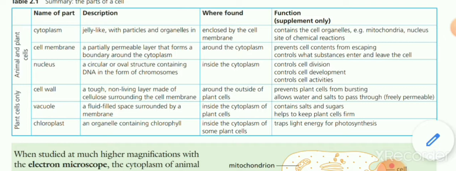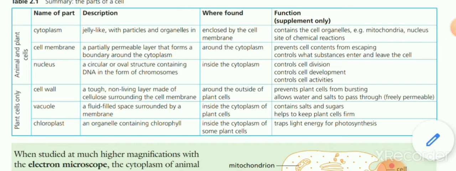Simply, it is a jelly-like material whose role is to provide support to the other organelles. It is located inside a cell, and obviously it is covered by a membrane. In the case of the animal cell, it is protected by a plasma membrane or the cell membrane.